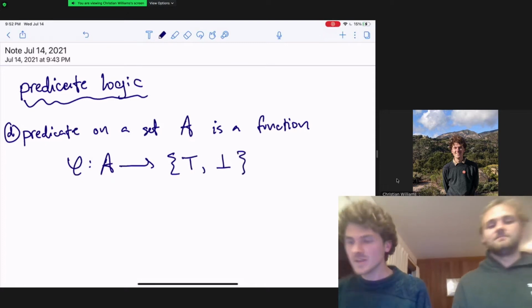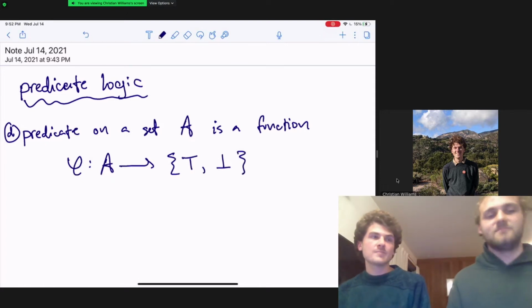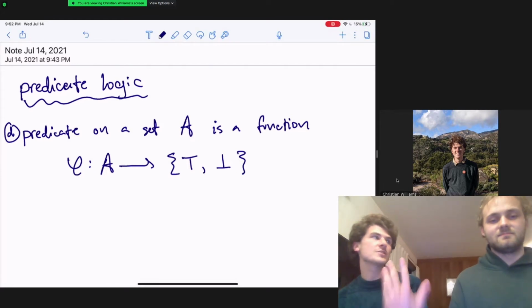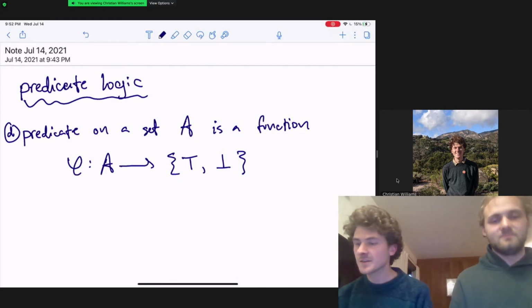Right, because it's some property where we are evaluating each element of A and judging whether or not the property is satisfied.